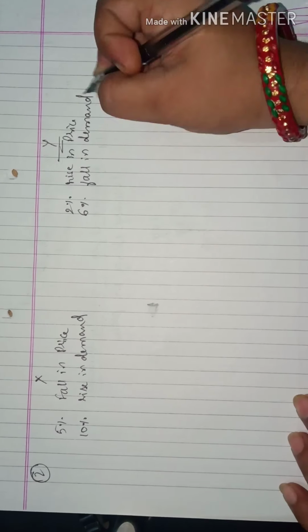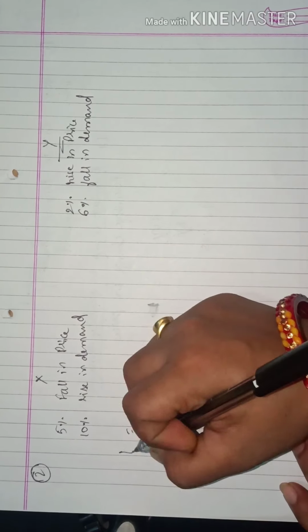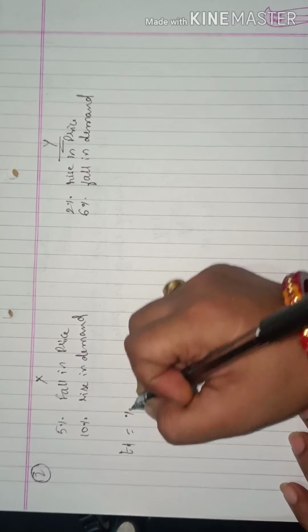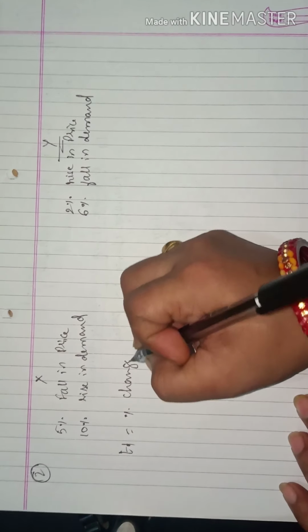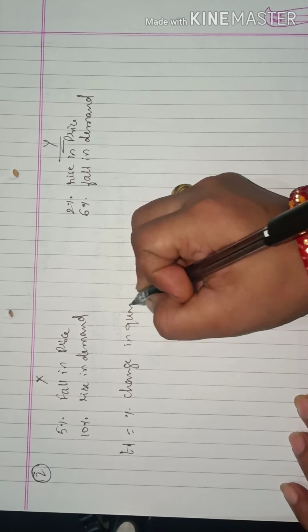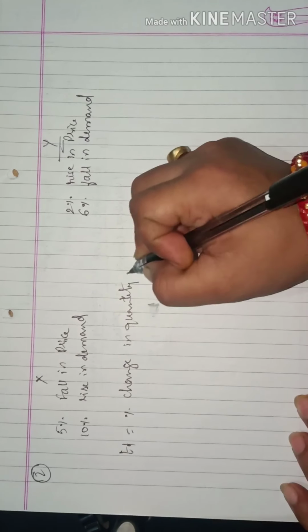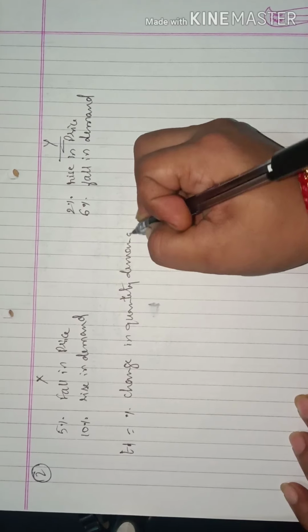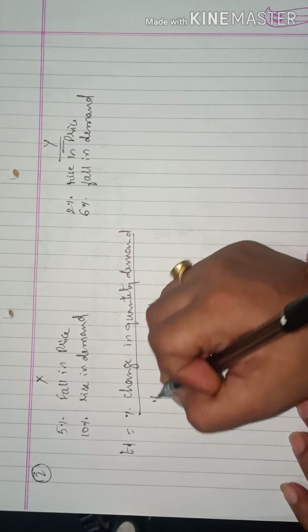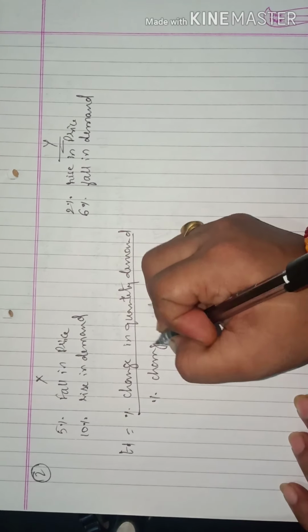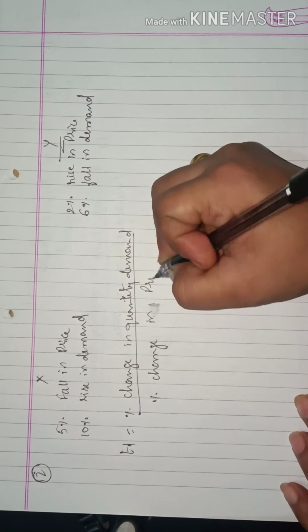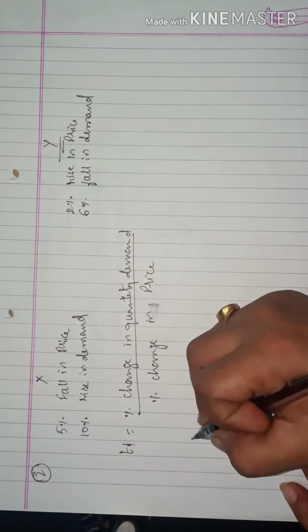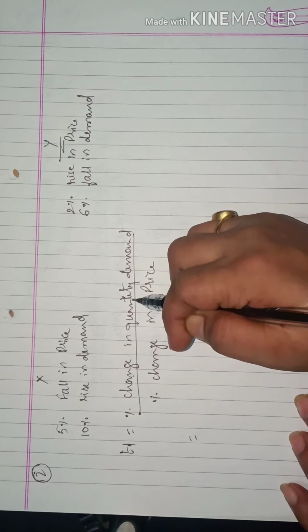Okay, same formula we will say: percentage change in quantity demanded upon percentage change in price. Same we will see for X. What is the percentage change in quantity demanded?